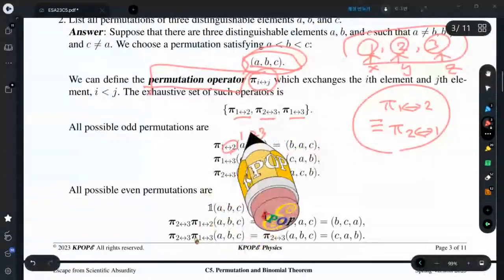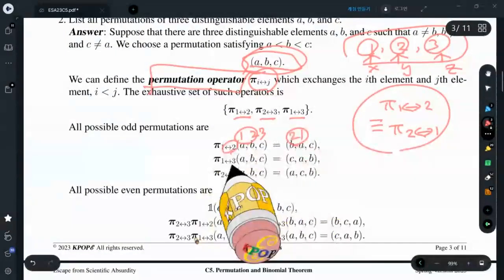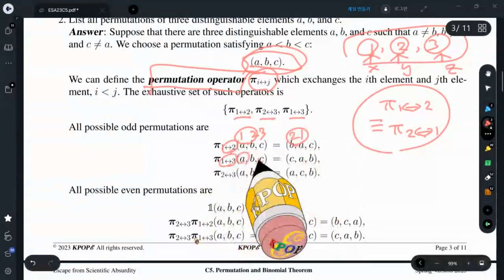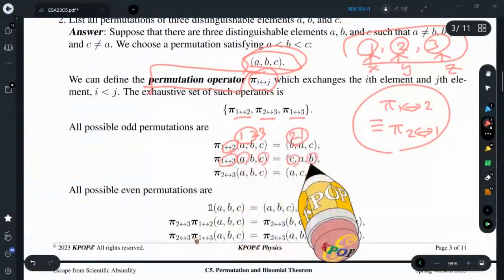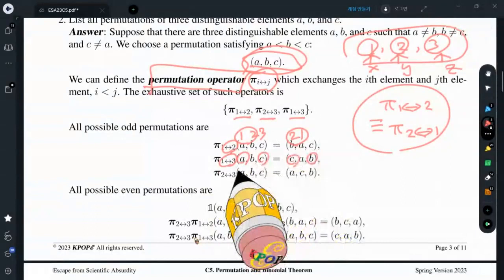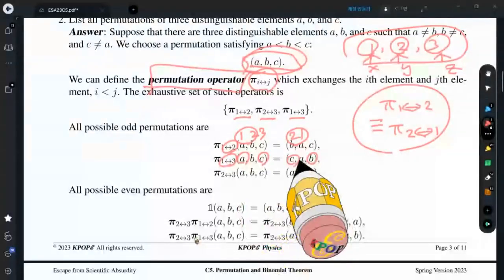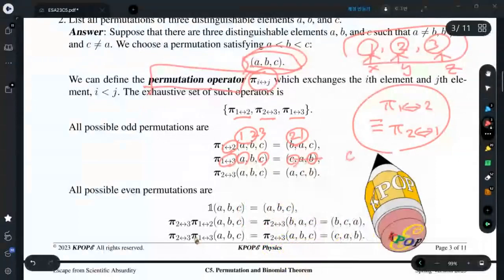Then 1, 2 is to be exchanged as 2, 1 and 1, 3. So this becomes flipped. Wait a second. 1, 3. This should be 3, 1. There's a typo.